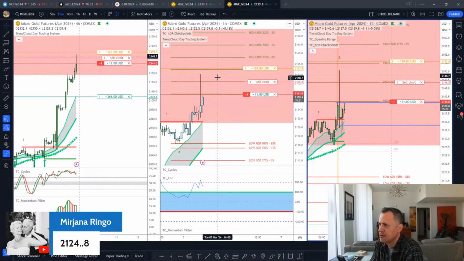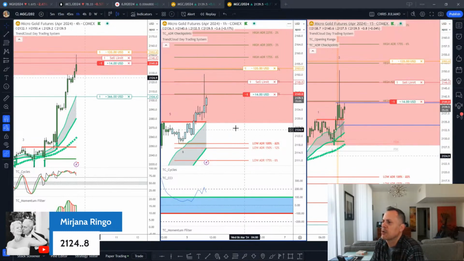Extended trend, ADR checkpoints, great. If we can get in on another contract, we would increase our risk, but hey, that's okay. Of the 3 ADR checkpoints here, 2 have been hit. We're protected by the third one.